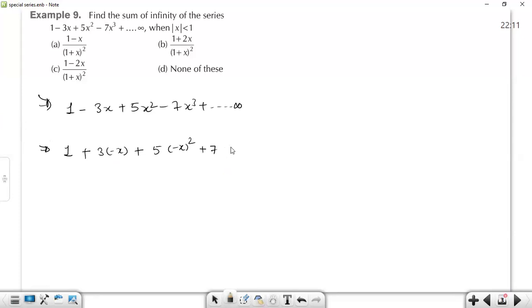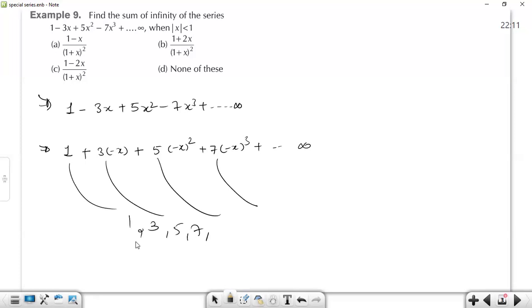I'm doing it intentionally. Now, if we observe 1, 3, 5, 7, that becomes an arithmetic progression with common difference of 2. Can you see it?